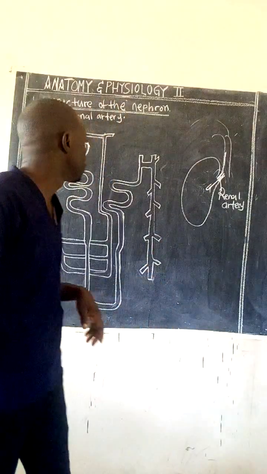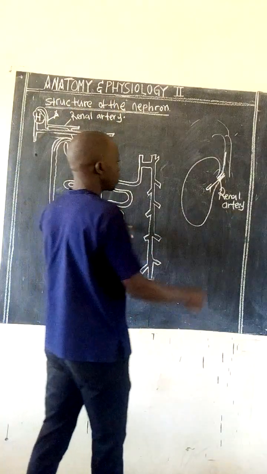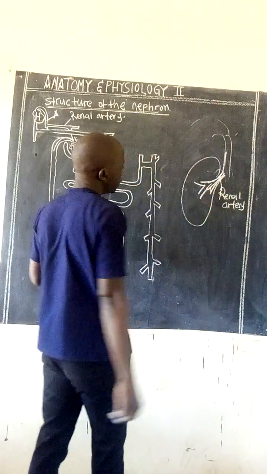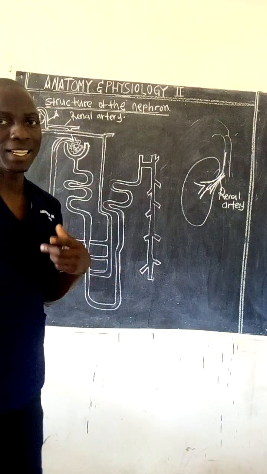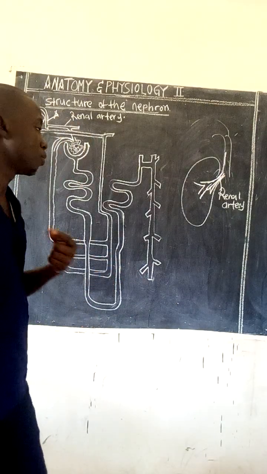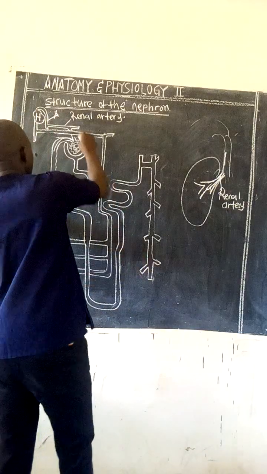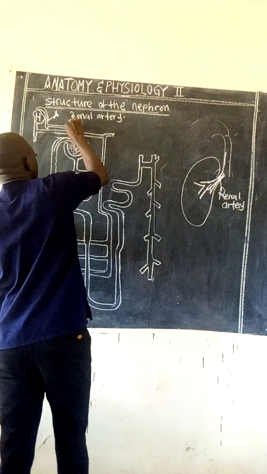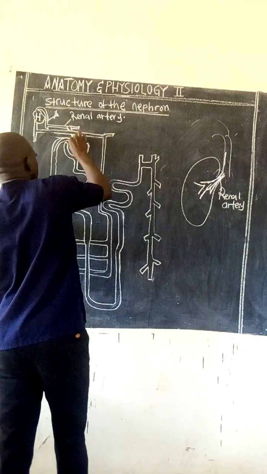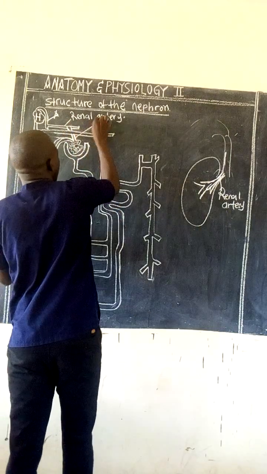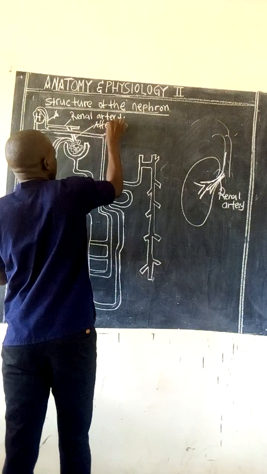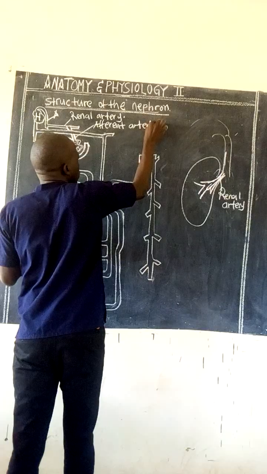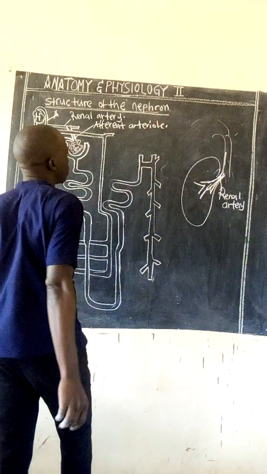And from our previous lectures we have said blood vessels move from arteries to arterioles, to capillaries, to venules, then veins. So as this renal artery enters deep into the kidney, it forms what we call arterioles. And that arteriole that enters deep into the kidney is what we call the afferent arteriole.